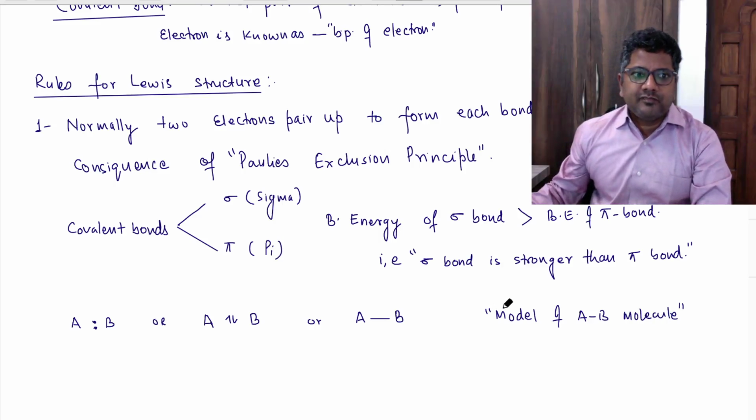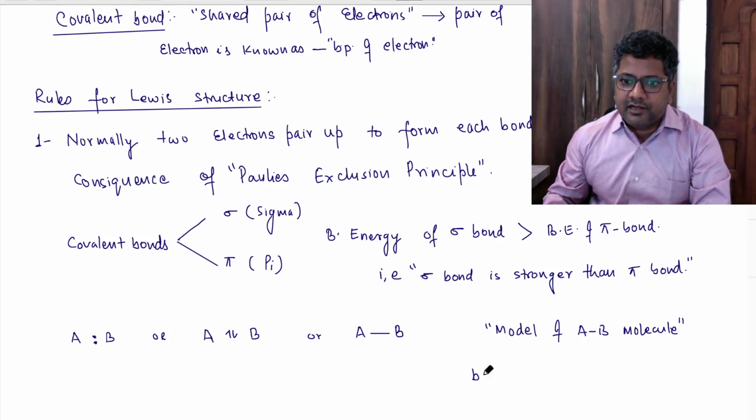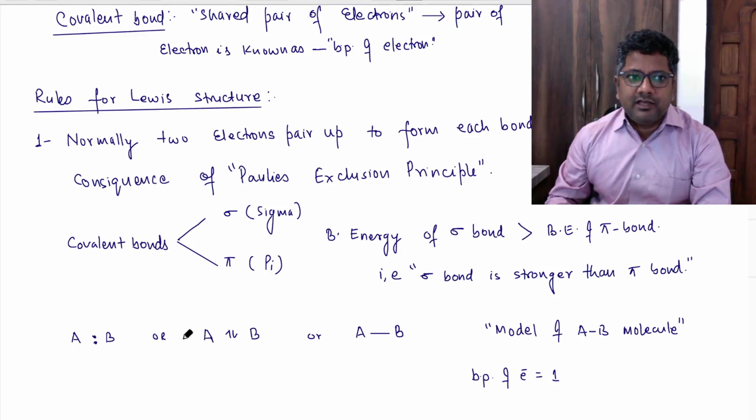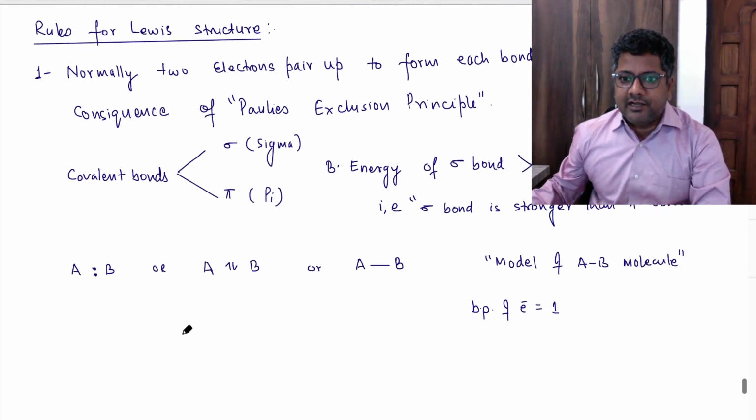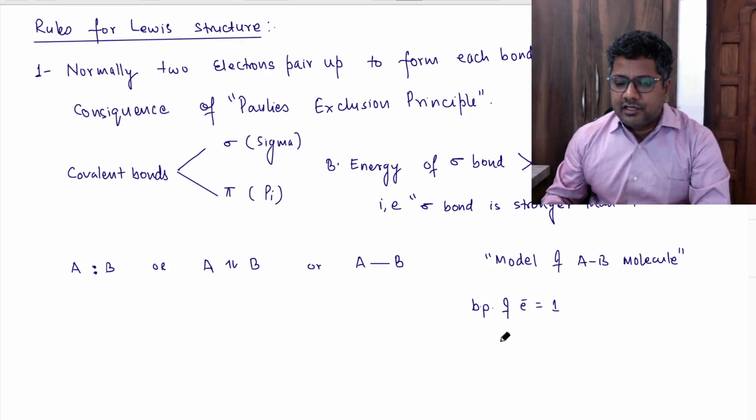And you know how many bond pair of electrons are there? Bond pair of electrons is equal to 1. How many electrons are involved here? 2 electrons, as it is evident. And you know, this is called a single bond. So this bond is sigma bond. So what conclusion we can write here?